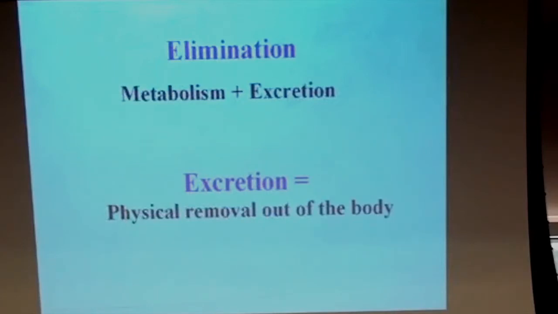Okay. Let's start looking at metabolism and elimination. Elimination is a combination of metabolism and excretion, whereby excretion is the real physical removal of the drug out of the body.